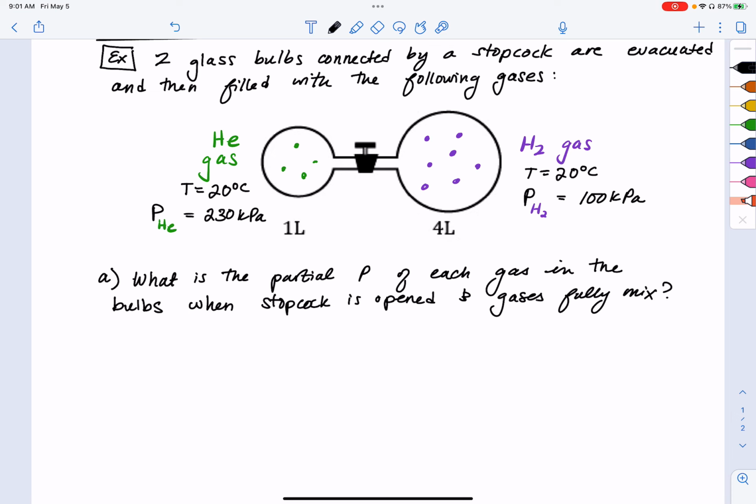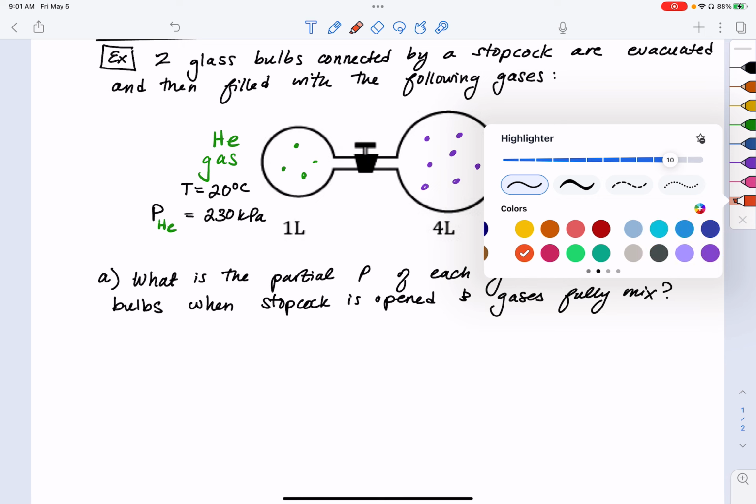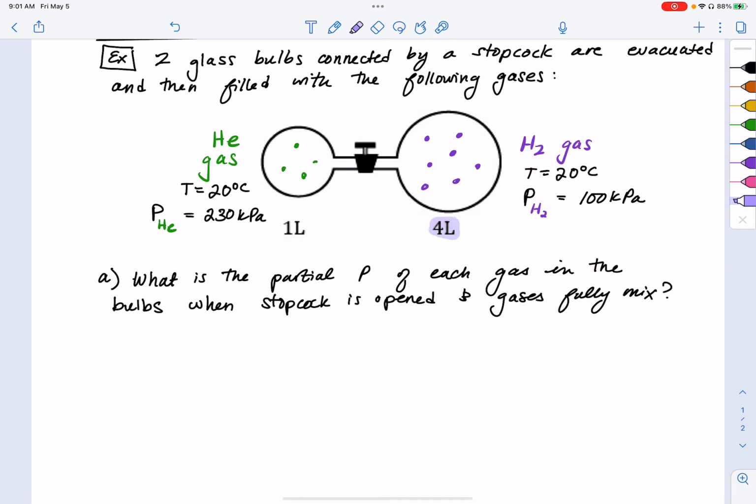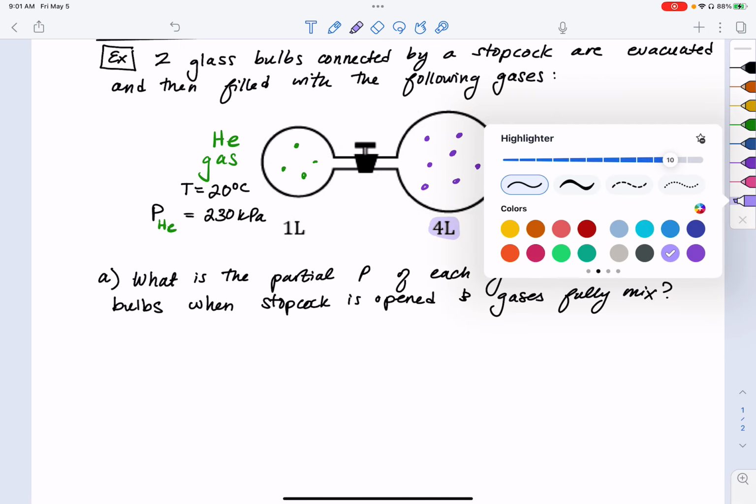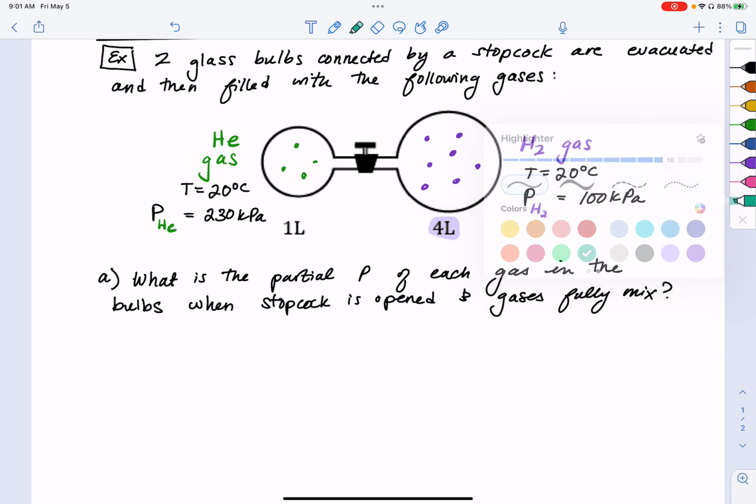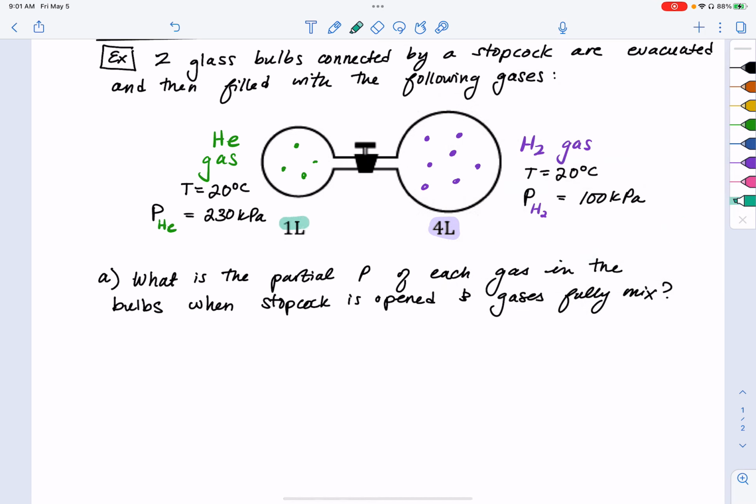All right. So let's think about what is changing and what's not here. So originally, the volume of my hydrogen gas before the valve is opened is 4 liters. And before my valve is opened for my helium gas, my volume is 1 liter.